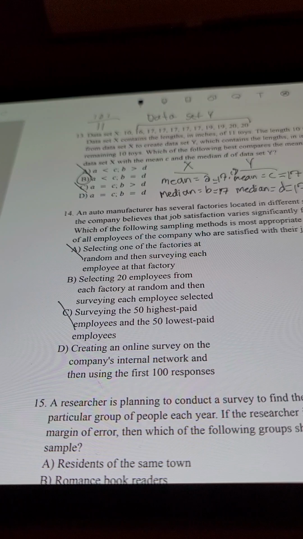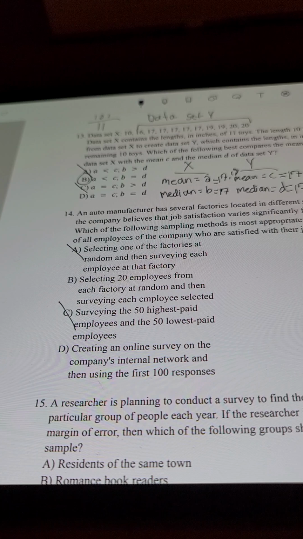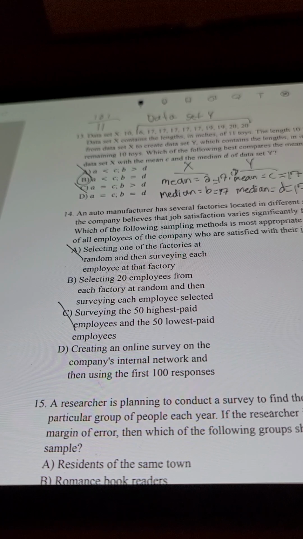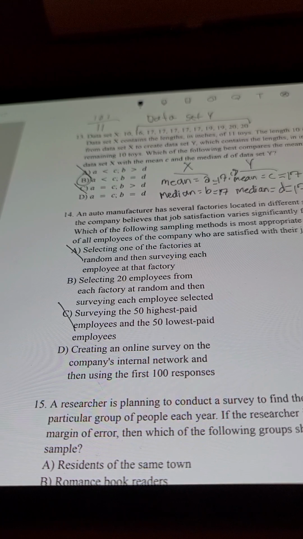If you're creating an online survey and just using the first 100 responses, there might be something about the people that are willing to go and do that survey that's different from the general population that you're supposed to be studying. For instance, we were just talking about highest paid and lowest paid employees. Maybe the lowest paid employees don't have access to a computer at home, so they can't fill out the survey as easily, so they're less likely to fill it out.